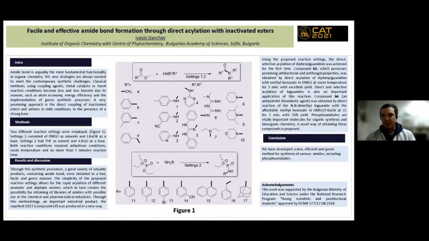Their direct coupling under mild conditions, without any coupling agents, without any catalysts, or without any harsh reaction conditions. This field has seen a lot of improvements over the past years. Our work was dedicated to finding new ways to implement this strategy to create new amide bond containing products.